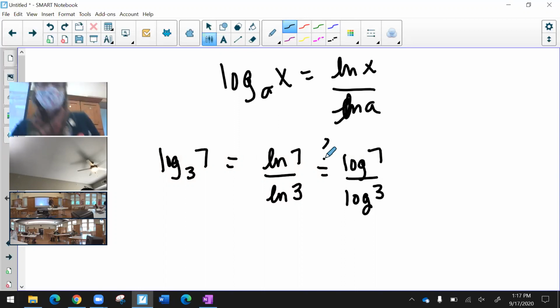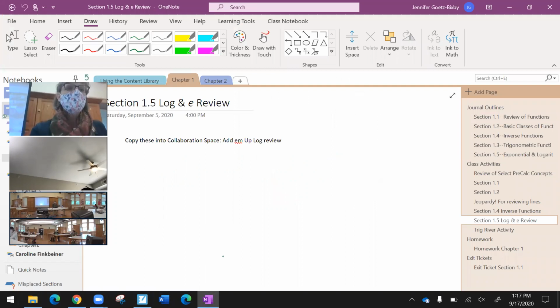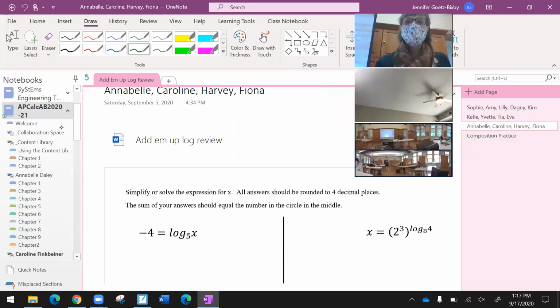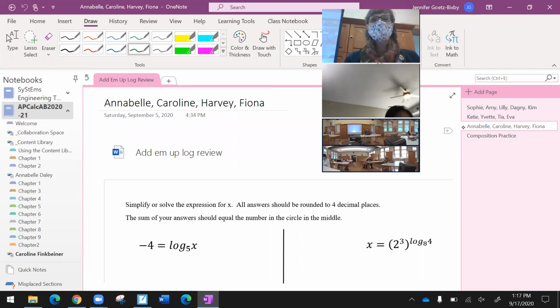Okay, so if you go to the collaboration space, and I added in my BC folks so that you can be in here. There are different documents up here. They're all identical, but you have to go in the right one.